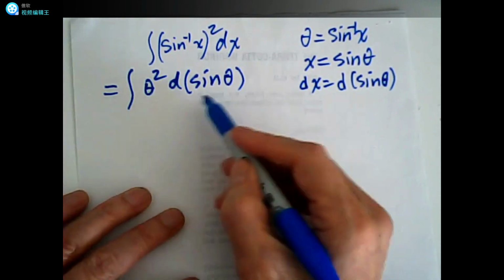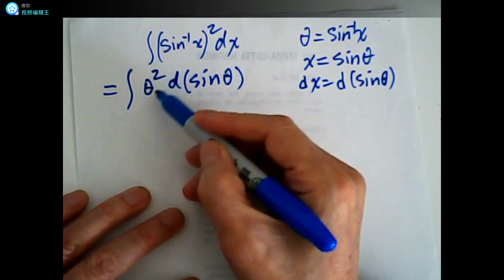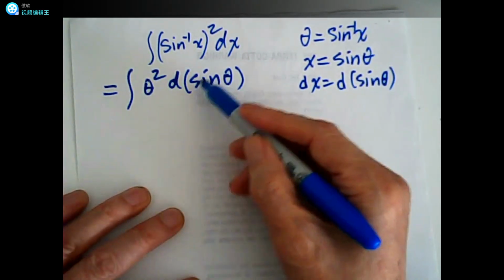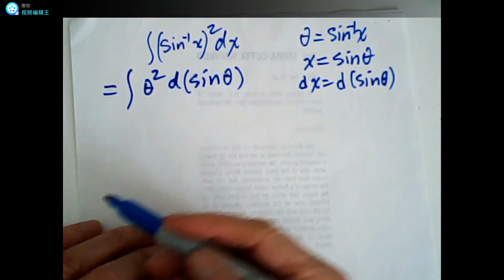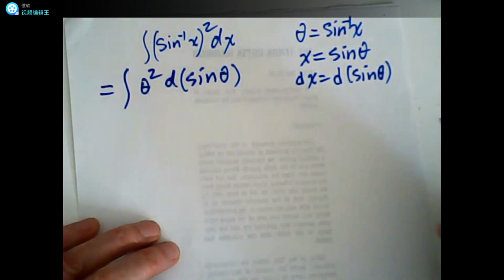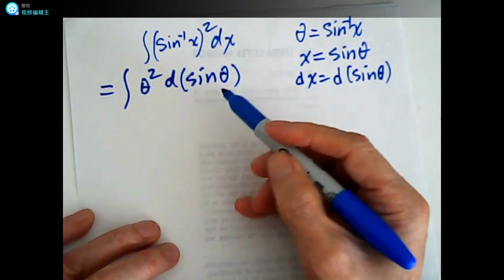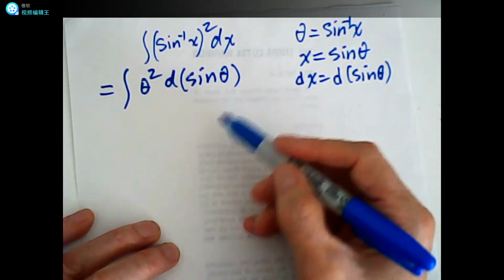So this is a u, this is a dv. Theta squared is u, v is sine theta. It's easier, I don't have to break it into cosine theta d theta.